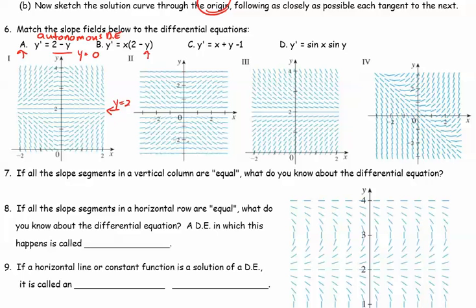We do not have the same slopes horizontally. But if you look at graph number 3, when y is equal to 0, do you see that the slopes are 2 as we go all the way across? And when y is 2, did we get 0? So if you look horizontally as you go across graph 3, you can see that this graph is the one that is autonomous. So now we've matched letter A with Roman numeral 3.